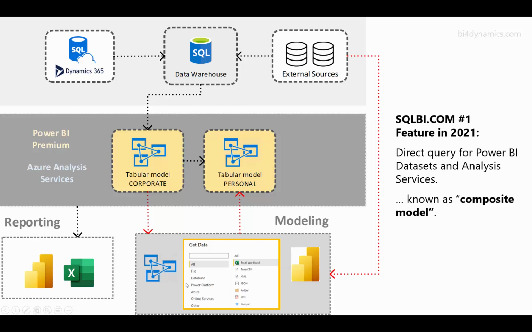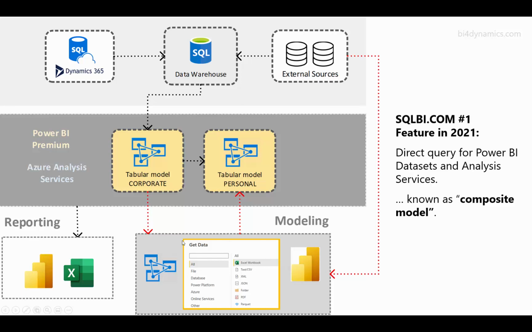Then we can combine this corporate source with any data that Power BI can connect or provide. It means like 120 databases or data sources that Power BI provides. Everything is available from Excel, social media on the web, or any other part.